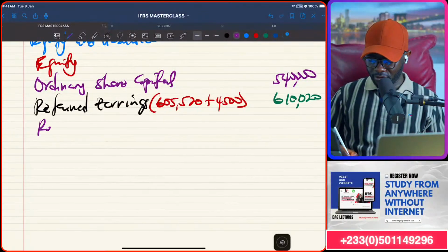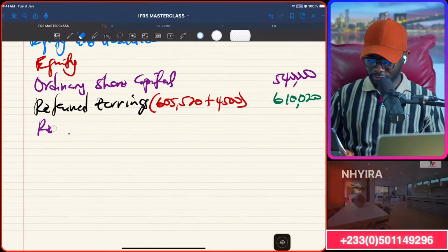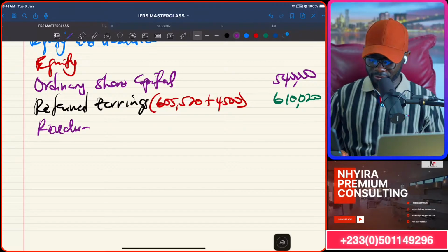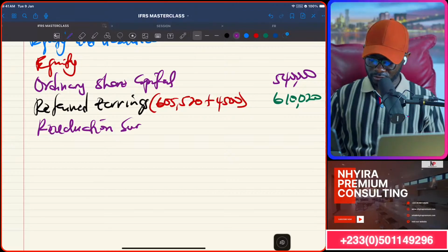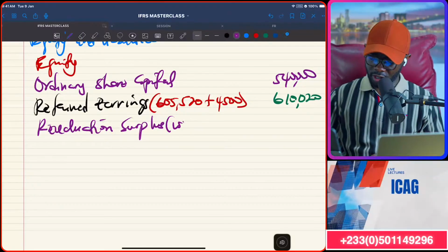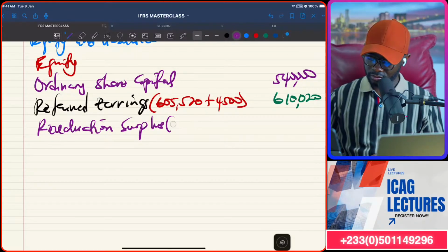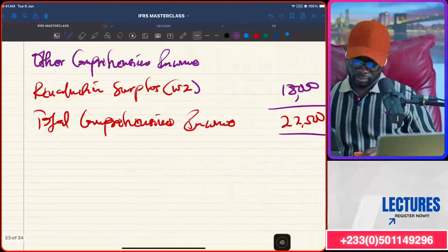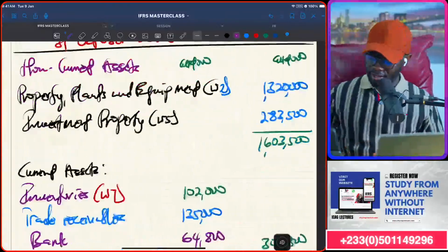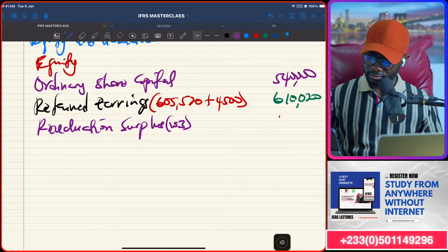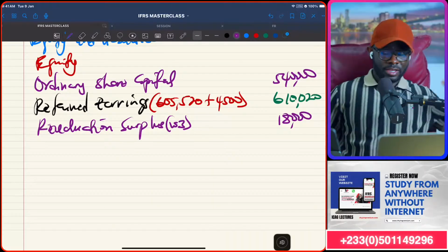Then we bring in the revaluation surplus from working 3 that we brought in the OCI. So revaluation surplus, the 18,000. That's it about that.